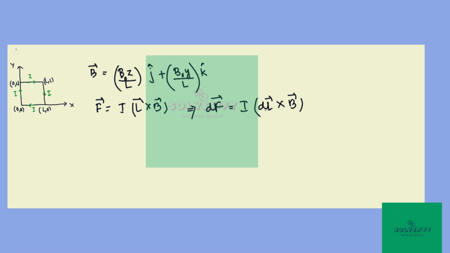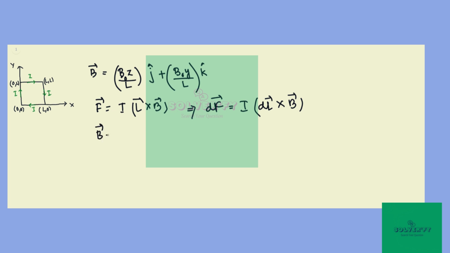Now for each side of the loop, dl is parallel to that side of the loop and is in the direction of I. Since the loop is in the xy plane, z is 0 at the loop and By is 0 at the loop, because By is basically we just plug z equal to 0 in this equation.